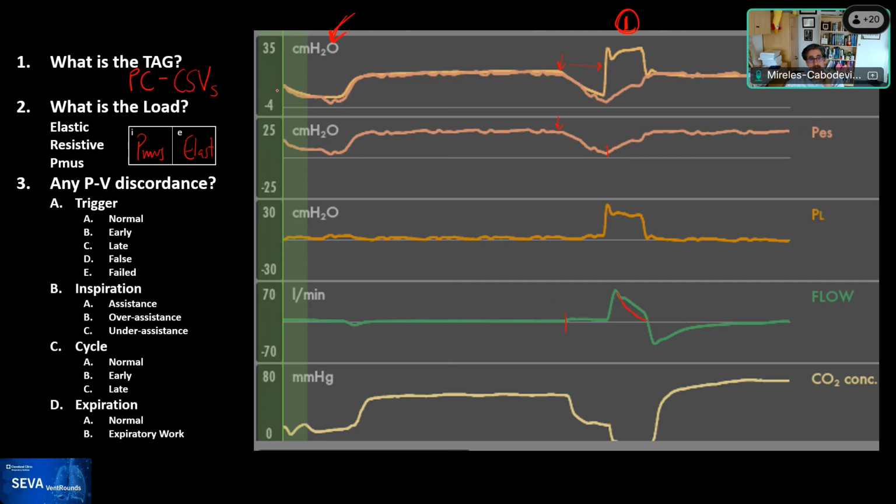The patient did the effort and returned to baseline, and then another one, and in this one it did trigger. So the question for you is, what type of trigger does this patient have? Is it flow? Is it pressure? Or is it time?